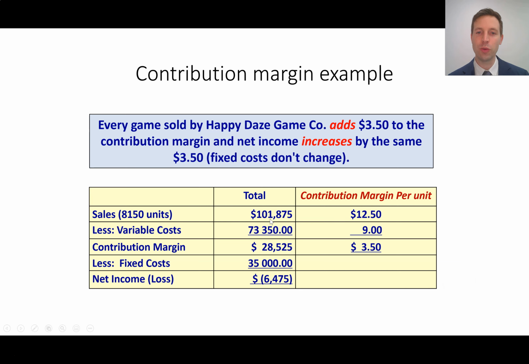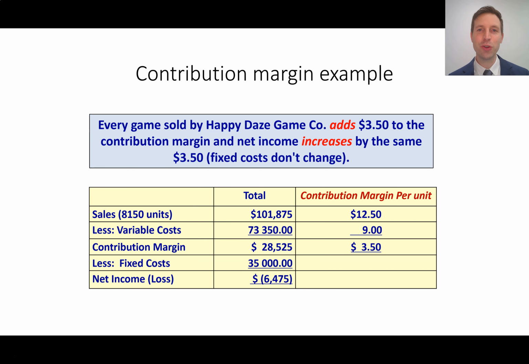The total revenues will be increased. Variable costs will be increased by $9 per unit. We can calculate our new contribution margin minus the $35,000 fixed cost, and we can see our net income here, or our net loss in this case, is $525 better, which is the 150 units times the $3.50 contribution margin. That's what actually changed the profit there.